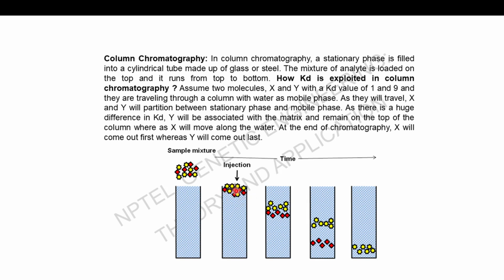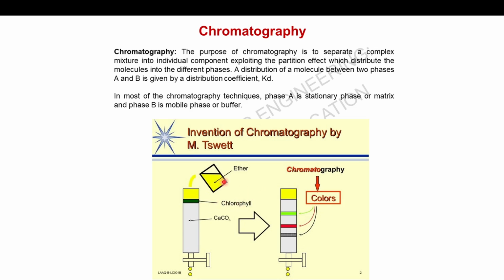Suppose there are these red and yellow molecules, two different molecules. Now, suppose some solvent is going there. In the previous case, when this solvent was given, the gray colored, red colored and green colored pigments got separated.